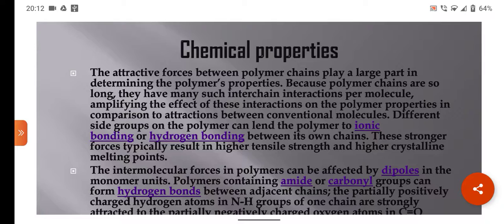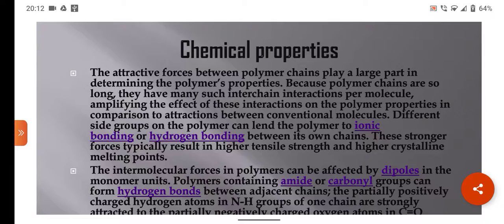Different side groups on the polymer can lend the polymer to ionic bonding and hydrogen bonding between its chains. These stronger forces typically result in higher tensile strength and higher crystalline melting points.